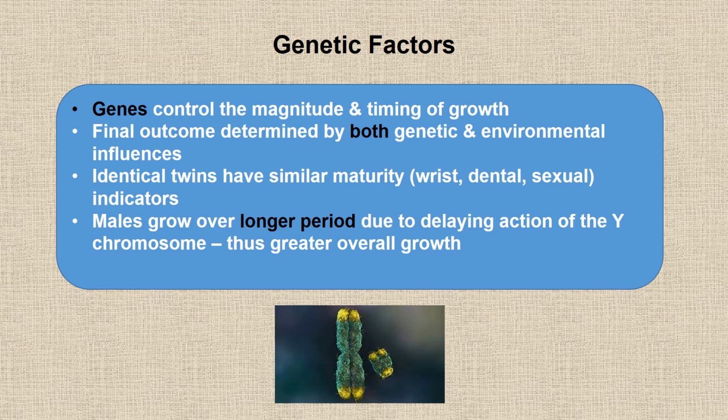A good example of the genetic role in growth is if we look at two identical twins, we find that they have similar maturity indicators, wrist, dental, or sexual maturity indicators. And males grow over a longer period due to the delaying action of the Y chromosome, thus a greater overall growth. This again is another evidence supporting the fact that growth is under genetic control.